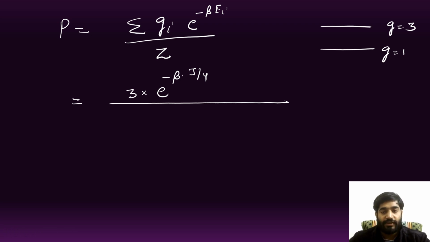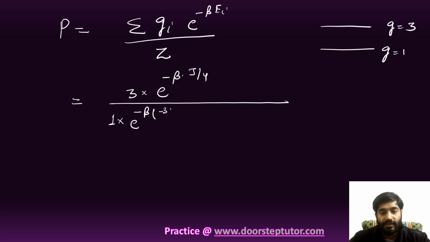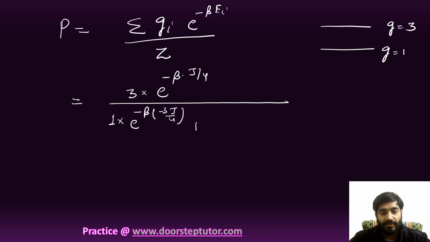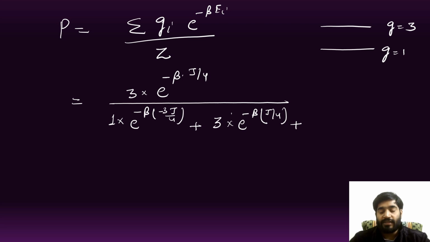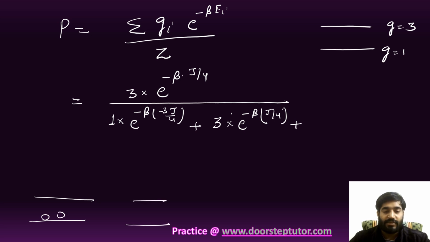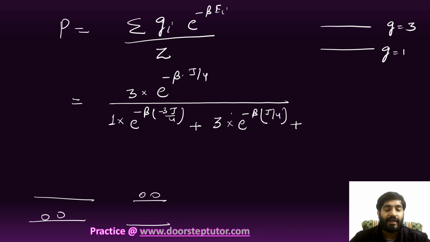So it's g1, which is 1, into e to the power minus beta times the energy, which is minus 3J by 4, plus the excited state, which is 3 into e to the power minus beta times J by 4, plus, as I told you, the same site has energy 10J, as given, so it has two possibilities, same site either in the ground state or in the excited state.